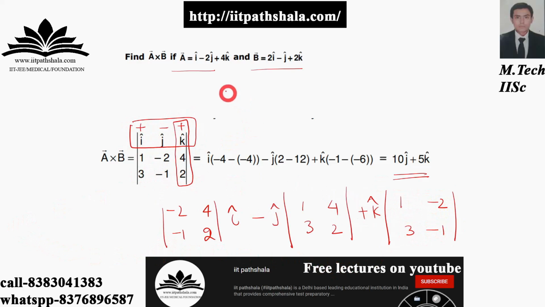Fine. Now 2 -2 in the I, don't forget about this I. 2 -2 gives you a -4. 4 -1 minus of 4 -1.